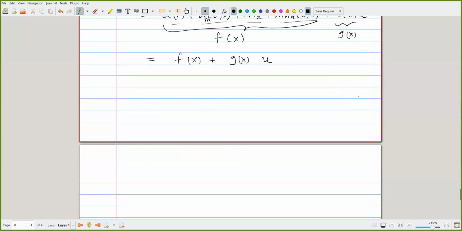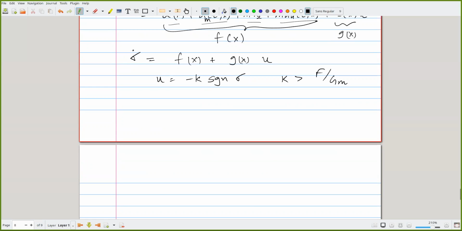Now for the stability of sigma, u equal to minus k signum sigma, with k greater than f by g_m, stabilizes this sigma dot equation in finite time, and sigma becomes zero in finite time.